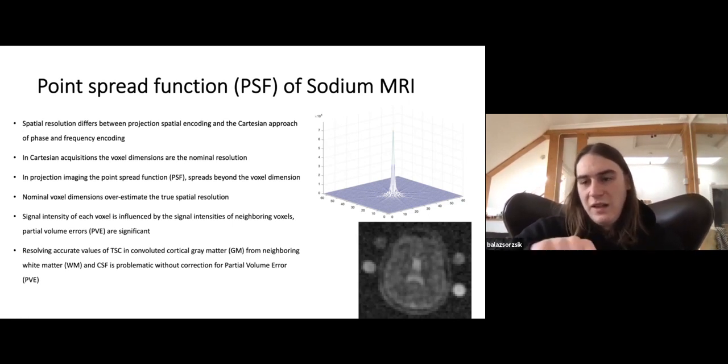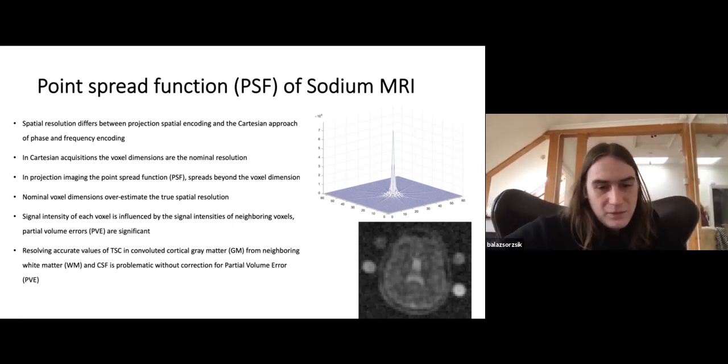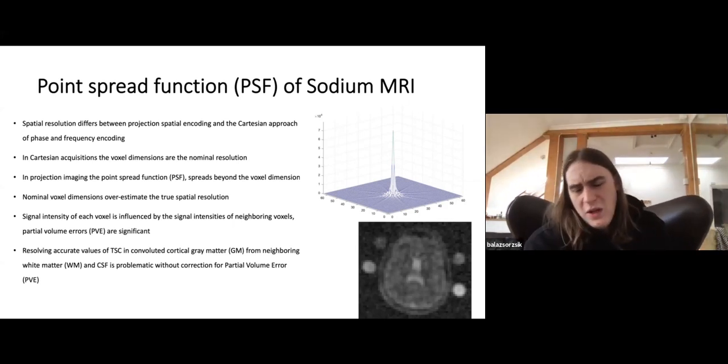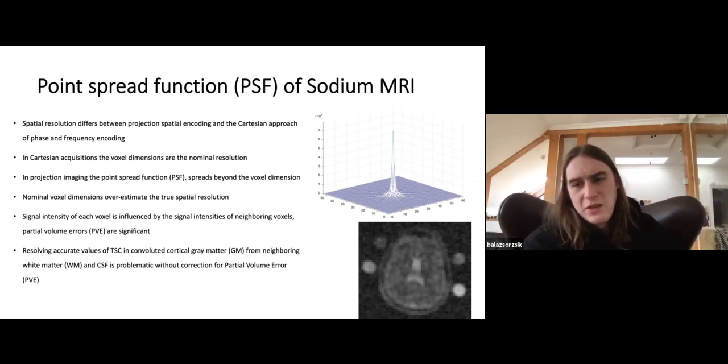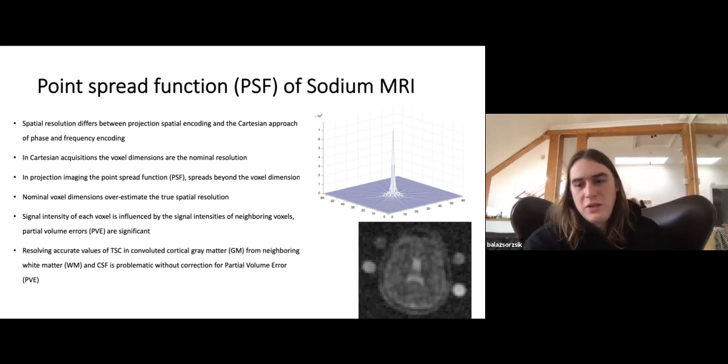So there is signal sort of bleeding into the voxels, and there is mixing, and that creates significant partial volume errors. And there have been some methods which try to correct these errors. One simple way that they did before is to co-register the sodium image to a high resolution proton image, like an MP-RAGE anatomical image, and reslice it and split it up into compartments.